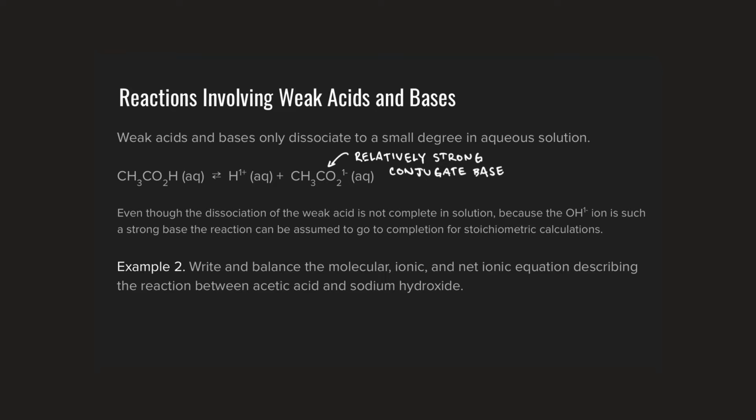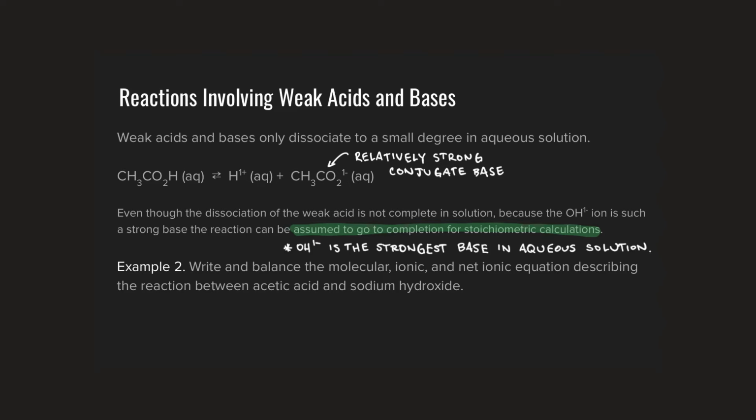Now, even though this dissociation of these weak acids is not complete in solution, when we react weak acids with strong bases, those reactions we will still assume go to completion for the sake of our stoichiometry, because even though the acid itself present is weak, like for acetic acid, for instance, the hydroxide ion is a very strong base.